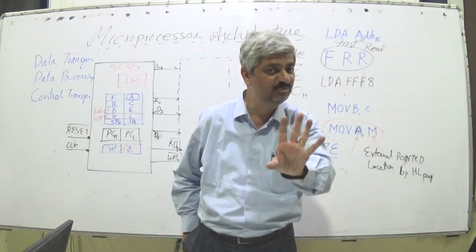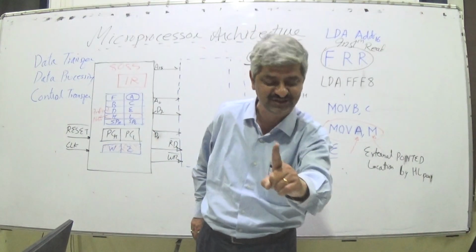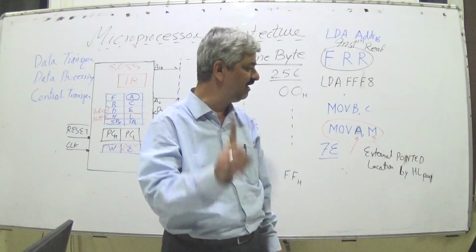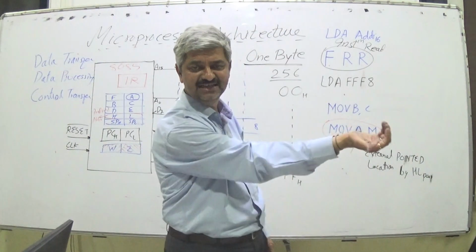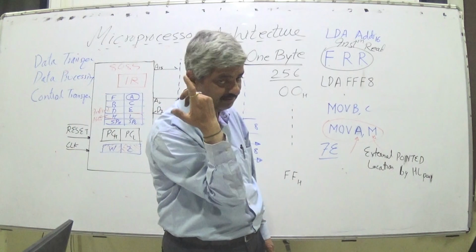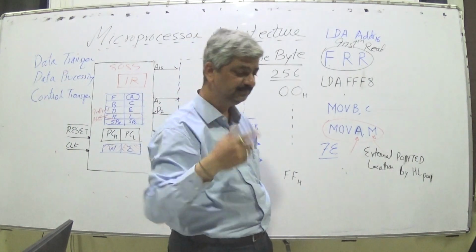So the address is not to be given separately. It is a single byte instruction. The microprocessor reads that instruction. How will it execute?